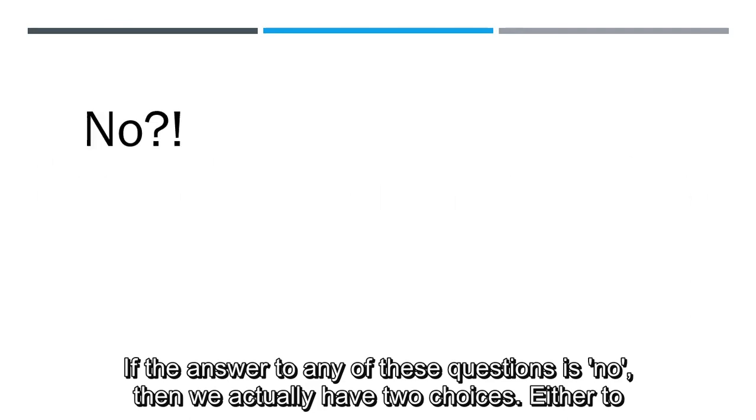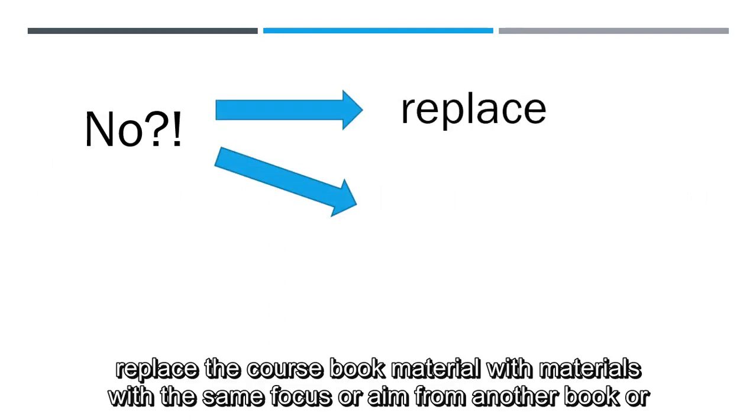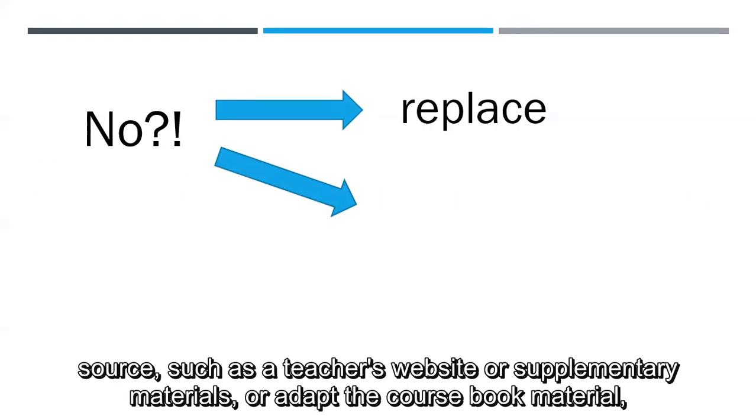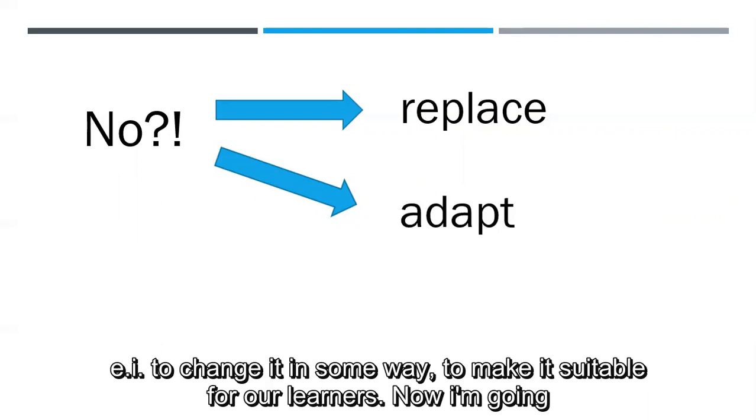Okay. If the answer to any of these questions is no, then we actually have two choices. Well, either to replace the course book material with materials with the same focus or aim from another book or resource, such as a teacher's website or supplementary materials, or adapt the course book material, that is to change it in some way to make it suitable for our learners, right?